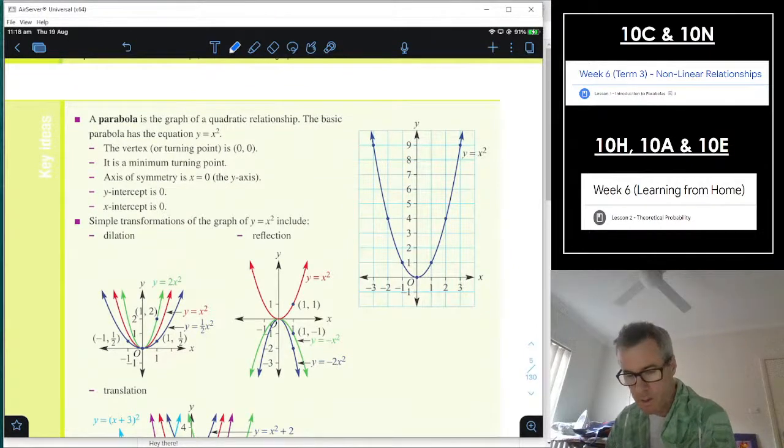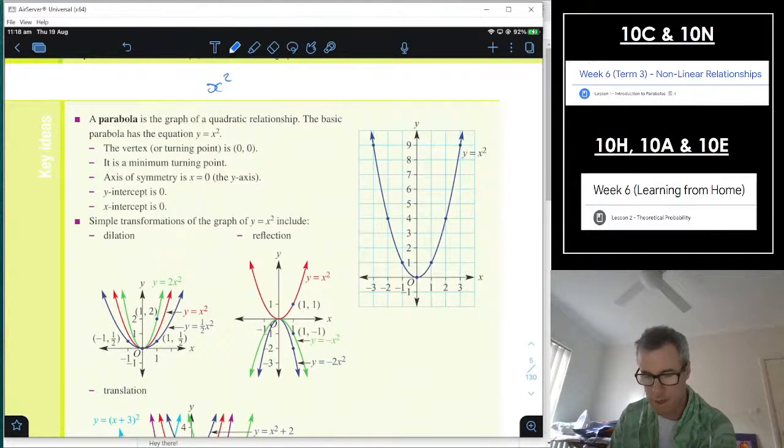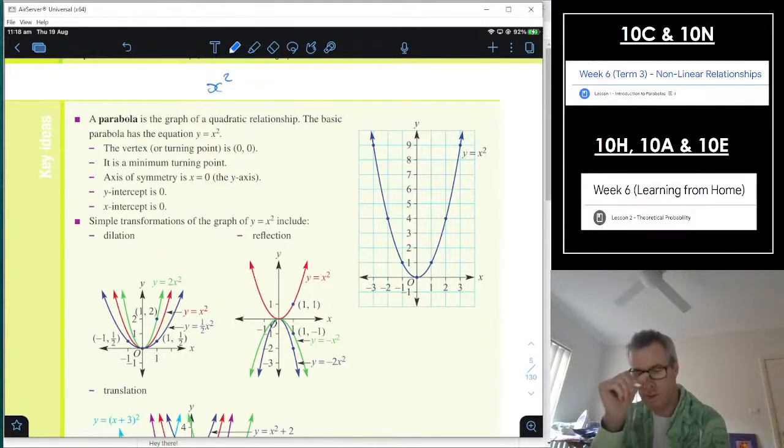So a parabola is the graph of a quadratic relationship. A quadratic relationship is just anything with a power like that, like we've looked at. The basic parabola has the equation y equals x squared. That's what we just looked at. The vertex, or the turning point, is 0, 0. We can see that there. It is a minimum turning point.